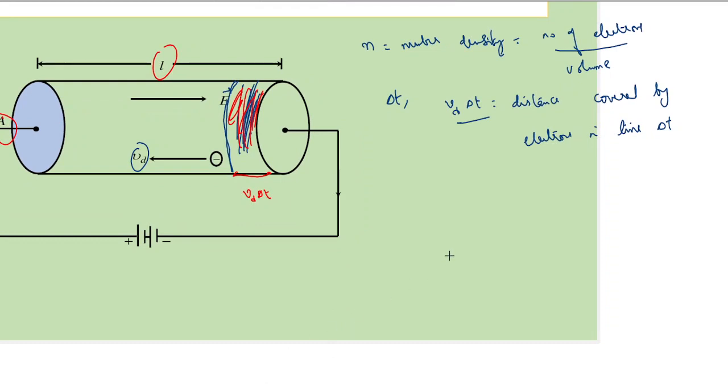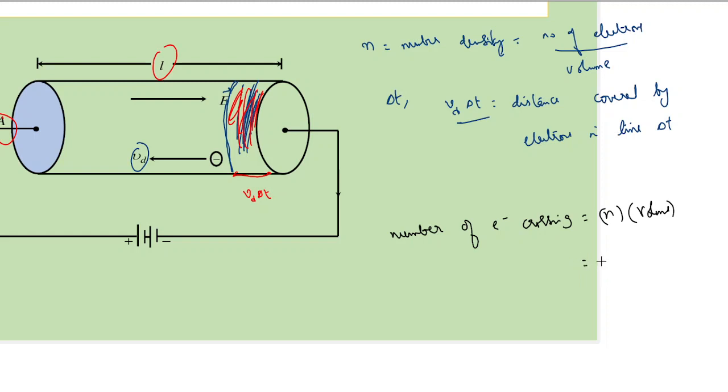Now let us find the number of electrons crossing in a given time. So the number of electrons crossing this region, from this formula, will be number density into volume.